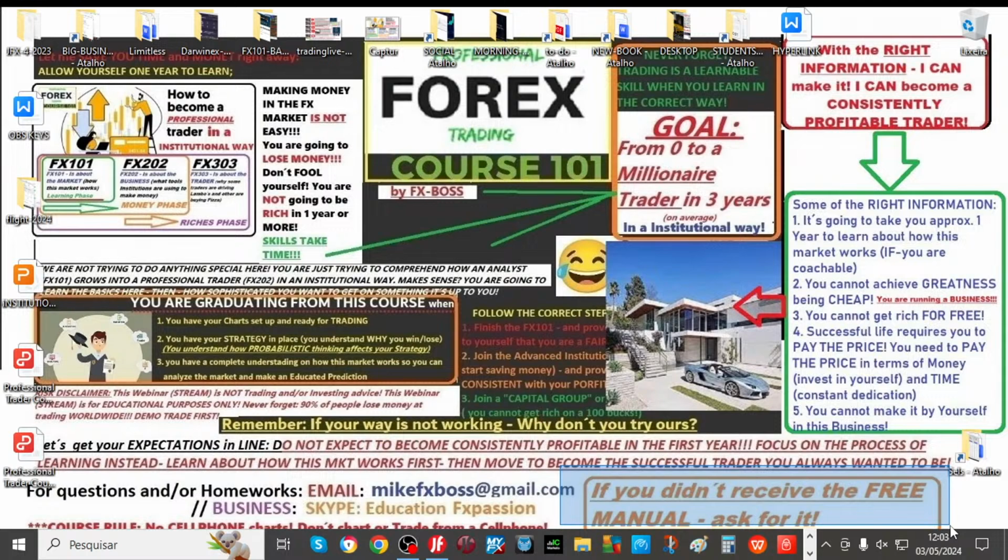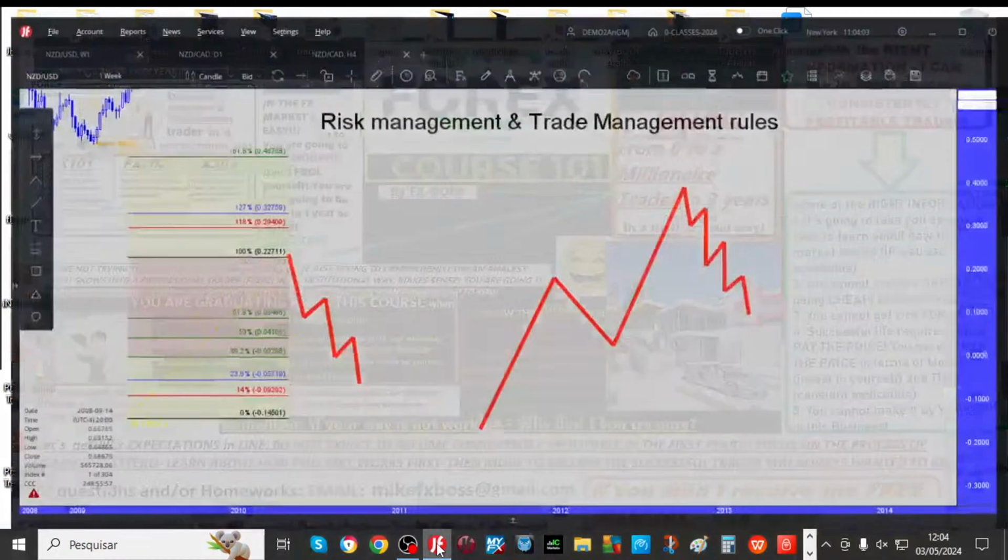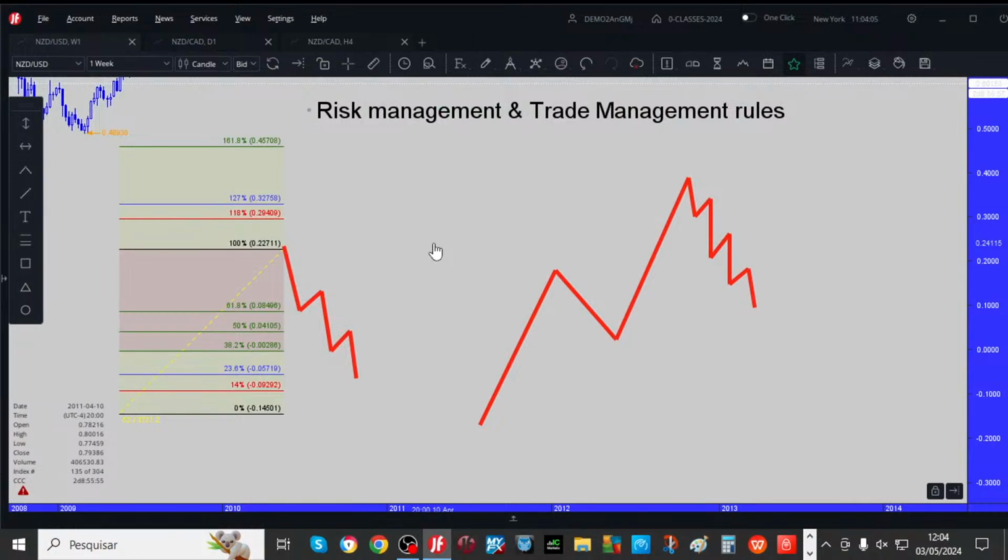It was free back in time, but then rules changed, so sorry about that. I need to be fair to everybody. If I give it to one for free, then I need to give it for free to everybody, and then the guys who open Darwinex are going to start to complain. Why did you give him for free? We know how this goes, right?